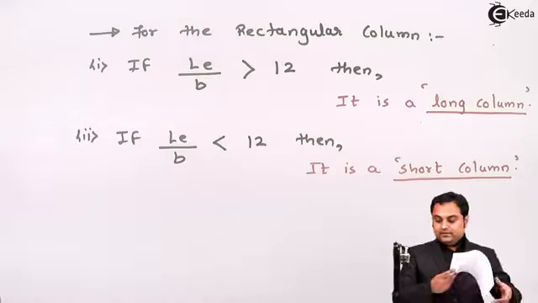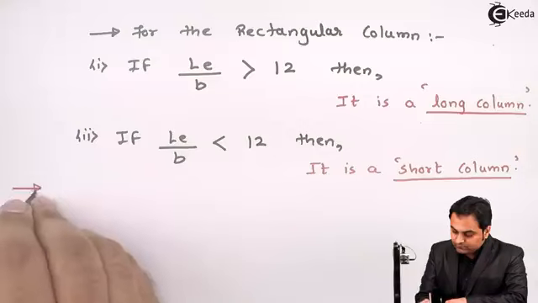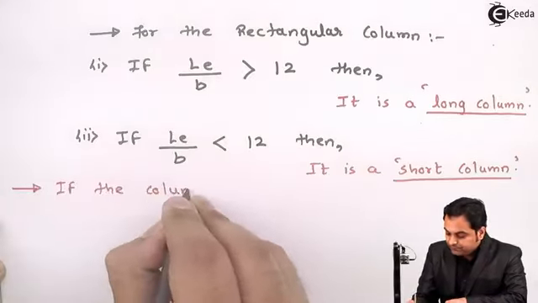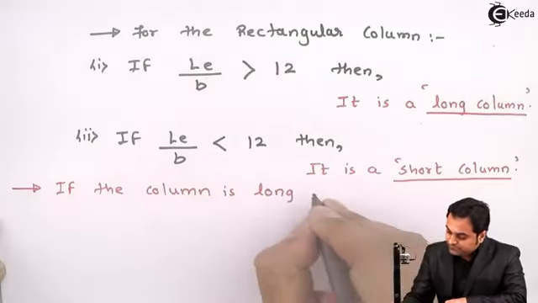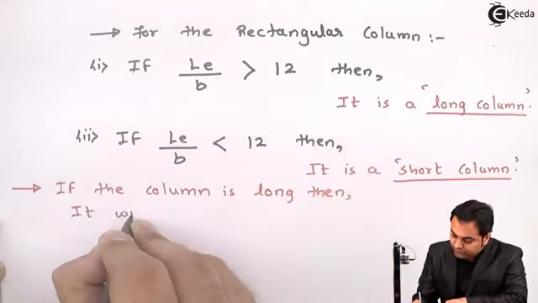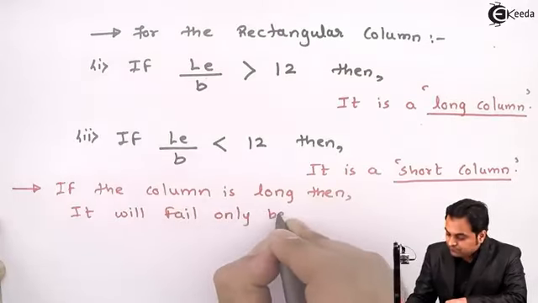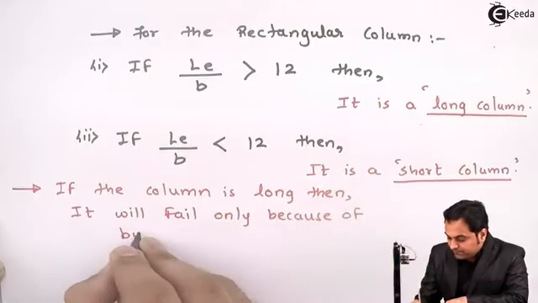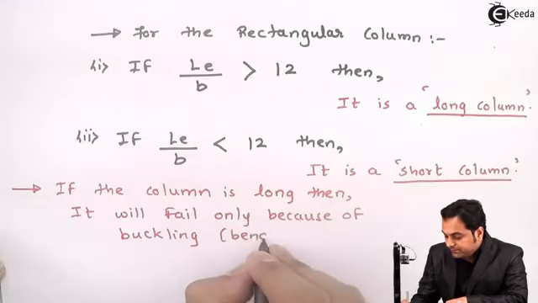Then if the column is long, it will fail only because of buckling, which is the other word for bending.